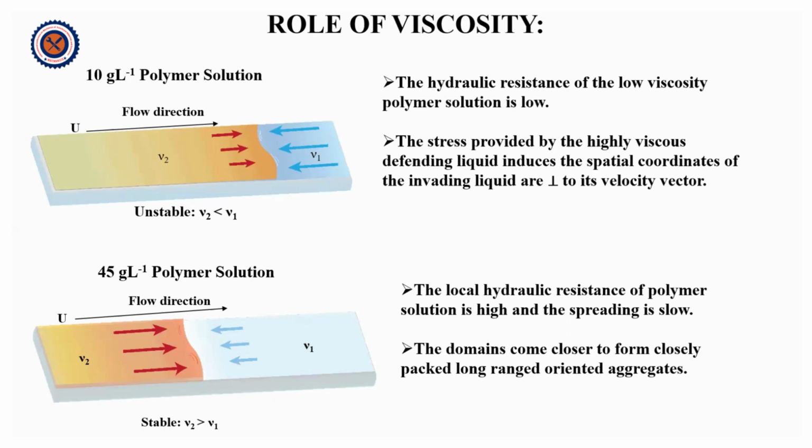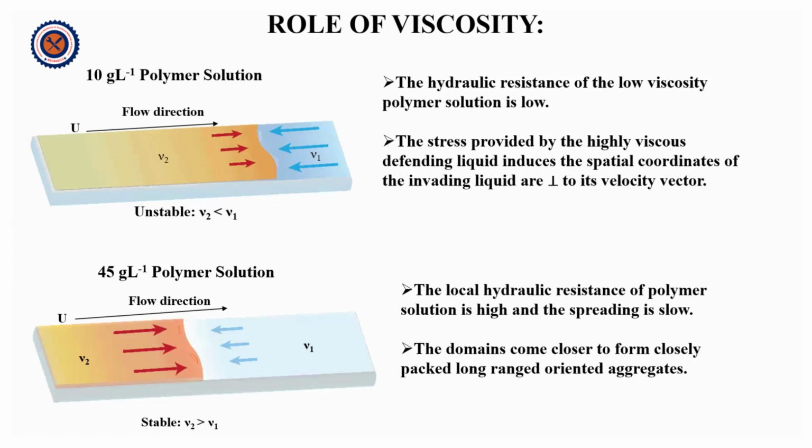Now let's take an example of a highly viscous polymer solution, which in this case is 45 gram per liter, and we have taken the lower liquid as the same ethylene glycol. Now, when the upper liquid has higher viscosity as compared to the lower liquid, the local hydraulic resistance of the polymer solution is high and spreading is slow.